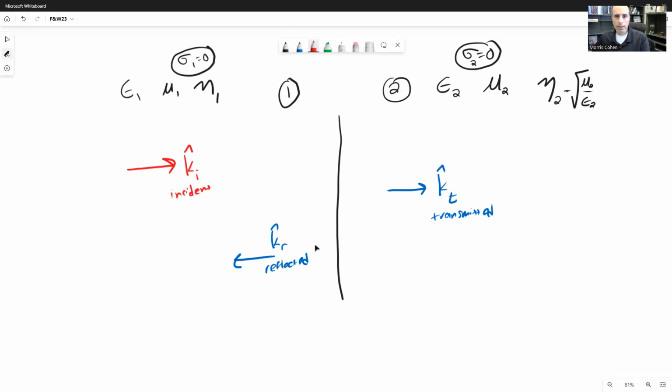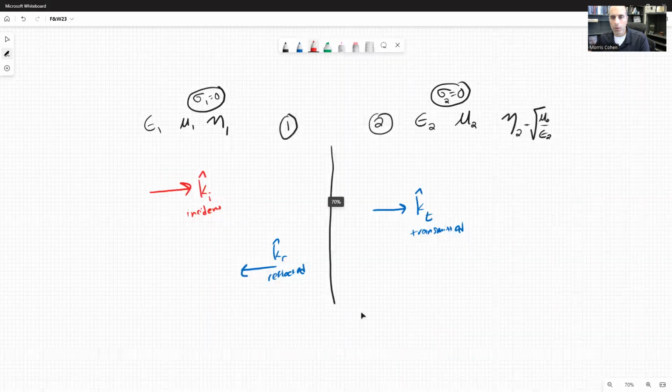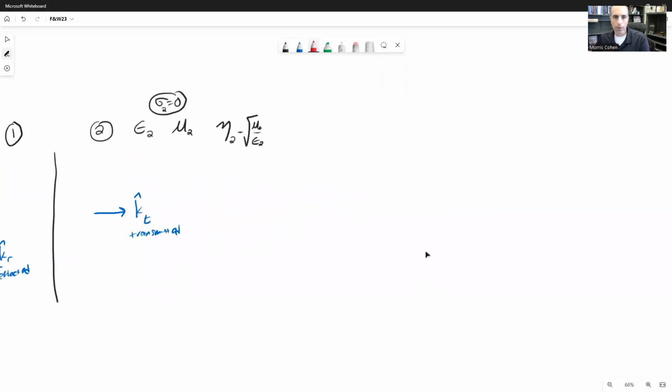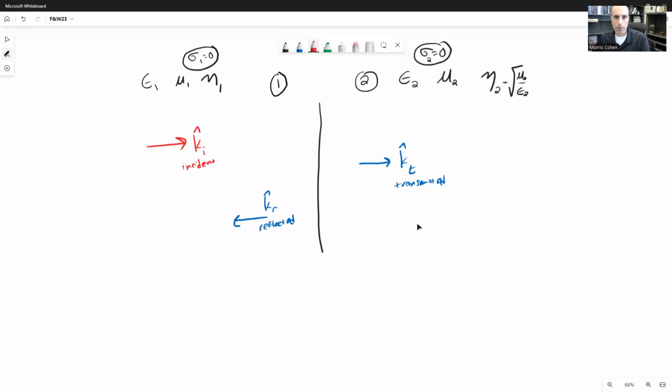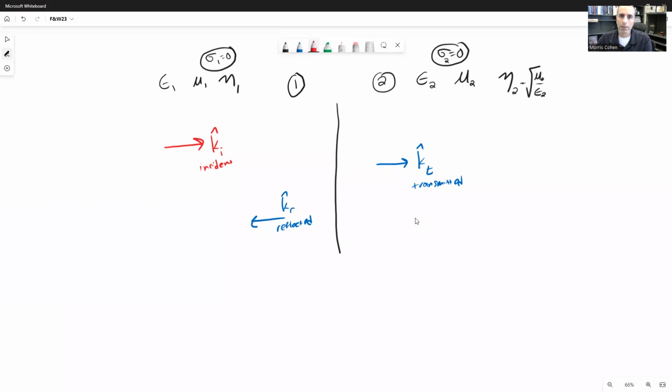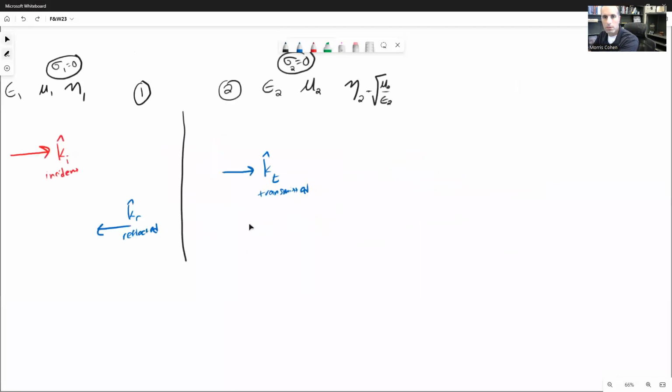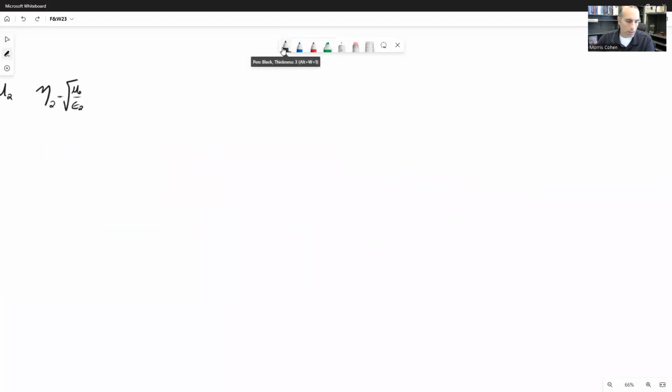Now let's just write down the generic form of what the electric fields and magnetic fields would be for all of these waves, and let's do that off to the side. For the incident wave, let's just start off by assuming that there is a constant electric field that describes this incident wave, and that's a phasor.